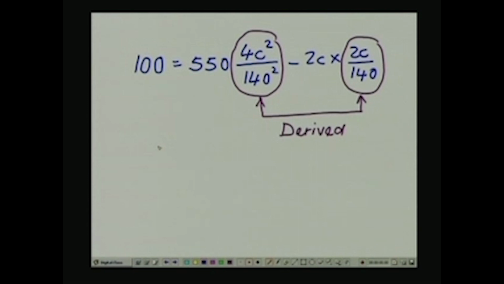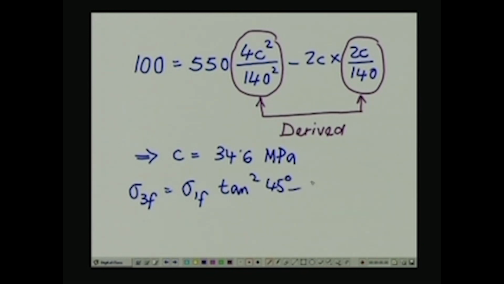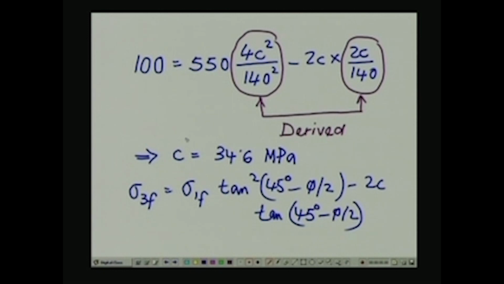From this, when we complete the calculations, C can be shown to be equal to 34.6 MPa, and when you back substitute this value of C in the original equation, the one that we derived earlier, and solve, you get phi equal to 37.4 degrees.